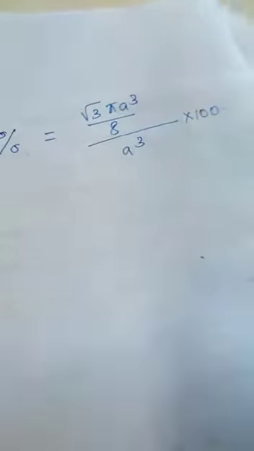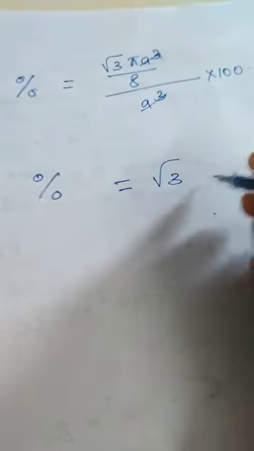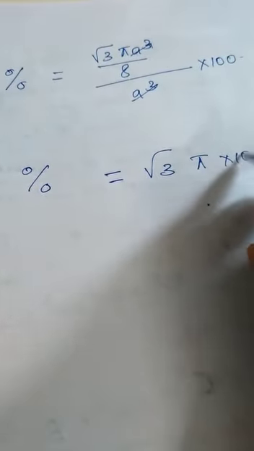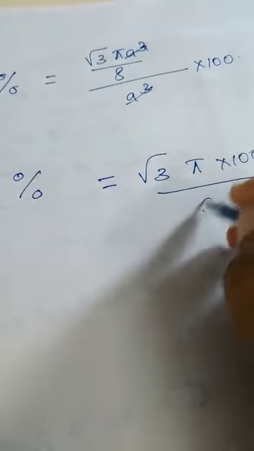Root 3 pi a cube divided by 8 divided by the volume of cube. You know that is nothing but a cube into 100. From this we will just cancel a cube and a cube. We will get the percentage of efficiency, that is root 3 pi into 100 divided by 8.